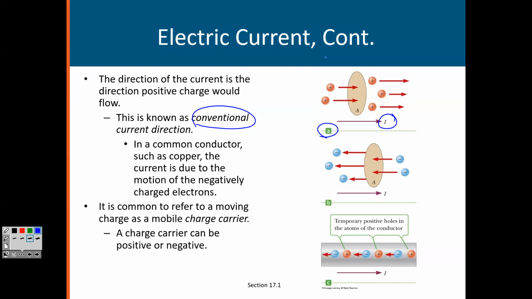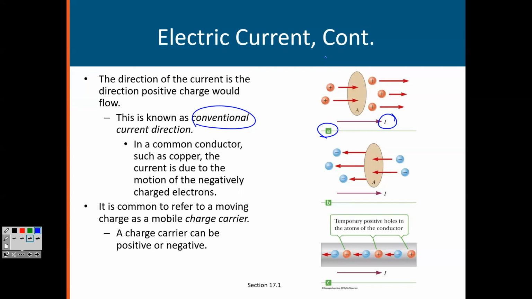Conductors allow the electric current to flow, the charges to flow, such as copper. Copper is an example of the most common conductor that we use. The current is due to the negative charge, the electrons. The positive charge is the proton, right?